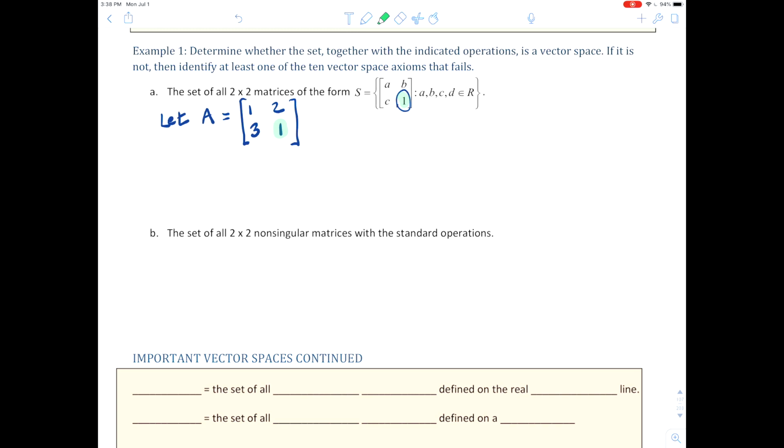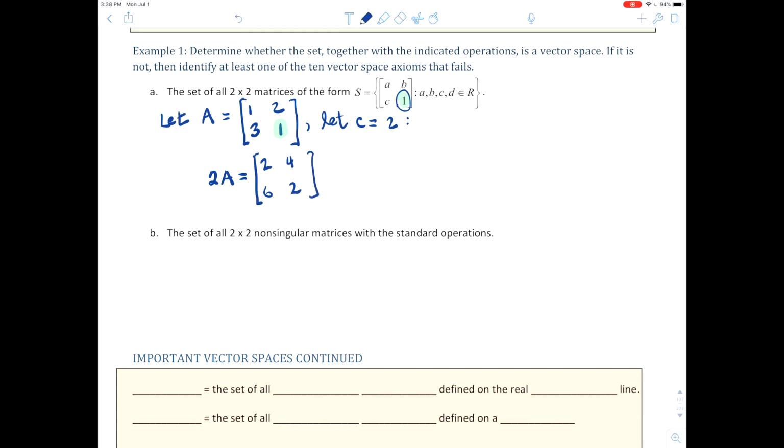And then if we let c be equal to 2, what's going to happen? 2 times A is equal to 2, 4, 6, and 2.